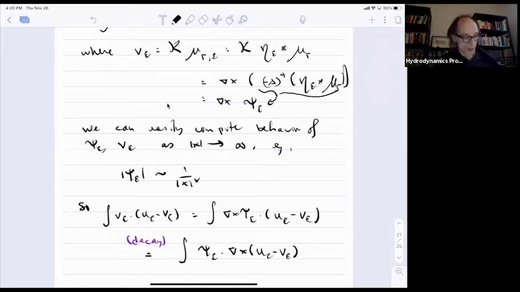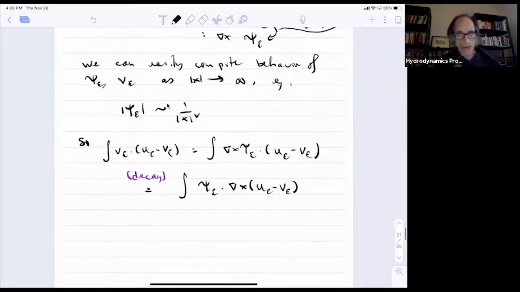And I like this because I don't have control over u minus v, but I do have this nice estimate for the curl of u minus v.